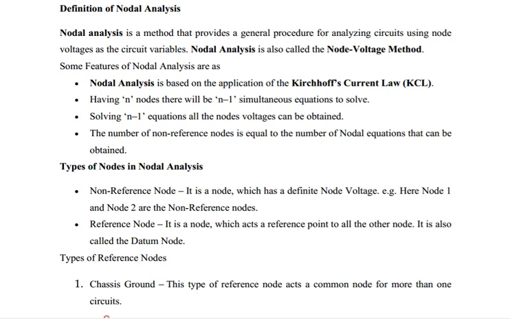Why n minus 1? Because one of the nodes we have to assume as ground or 0 volt. Solving the n minus 1 equations, all the node voltages can be obtained. The number of non-reference nodes is equal to the number of nodal equations that we have to solve.